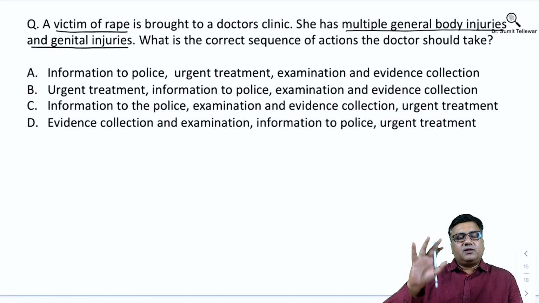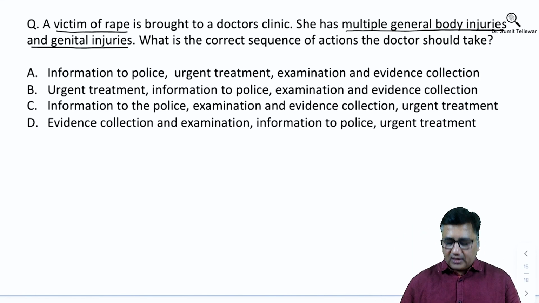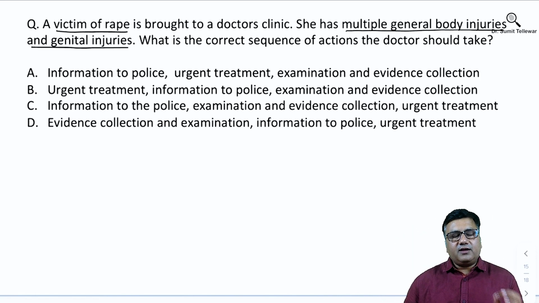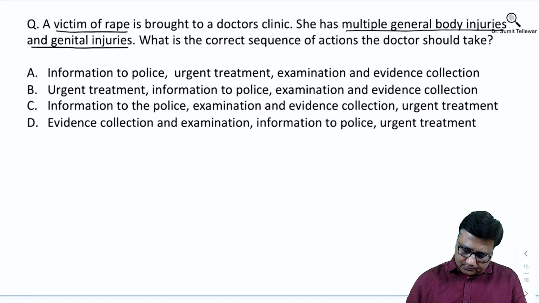Now, जब भी हम इस तरह के किसी क्वेश्चन के पास आते हैं ना, consider remembering a very important legal provision.